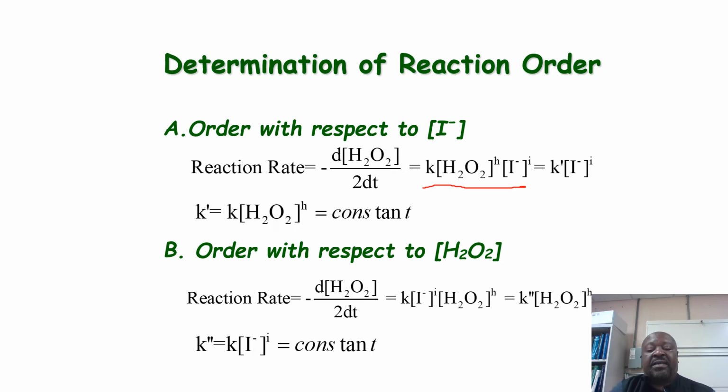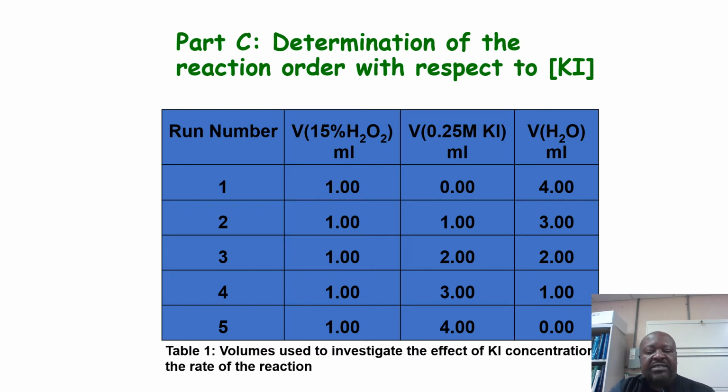Same thing for the hydrogen peroxide. So here's a profile of our runs. I put this one here just for comparison's sake. Really, you don't have all the reagents, and so nothing happens. In this case, we are keeping constant the volume added of the 15% hydrogen peroxide.